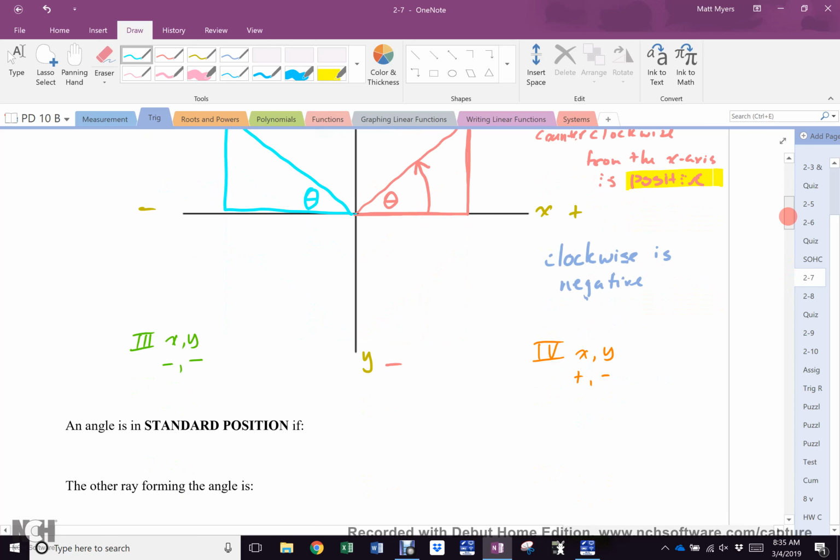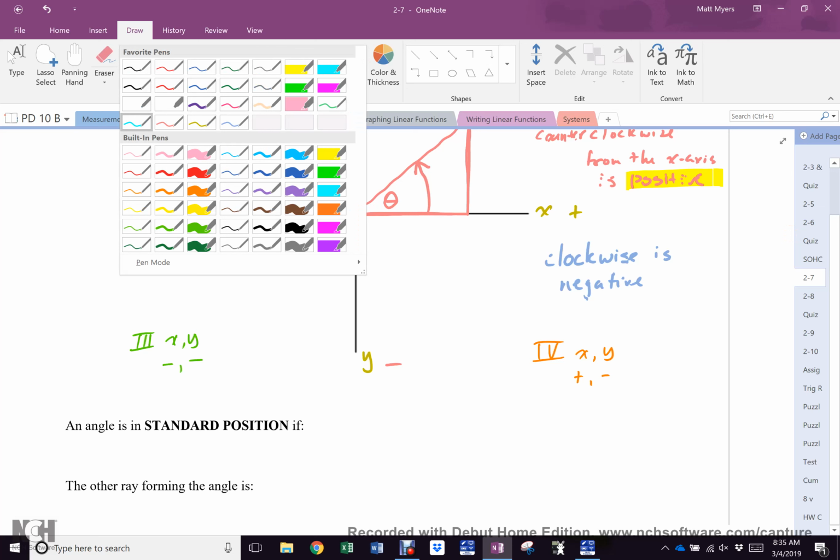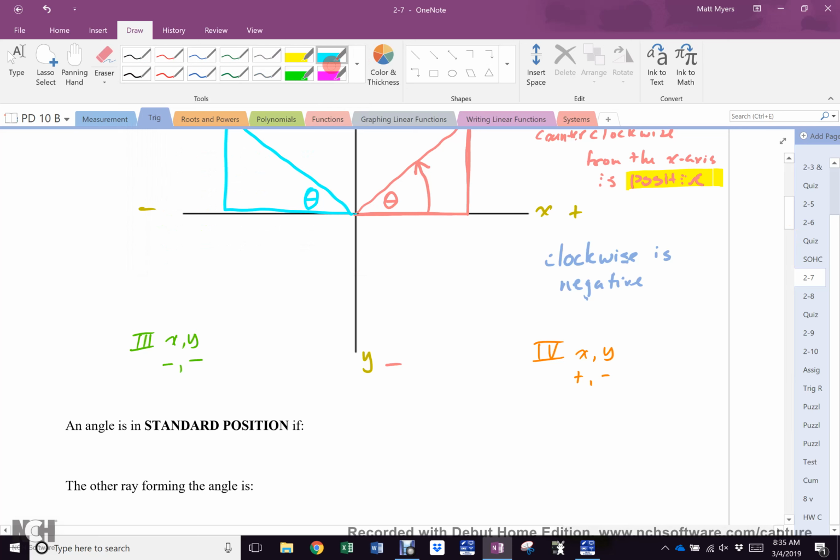We got to do some, what's that word? Vocabulary. Let us begin with the first piece of new vocabulary. An angle is in standard position if the vertex is on the origin.